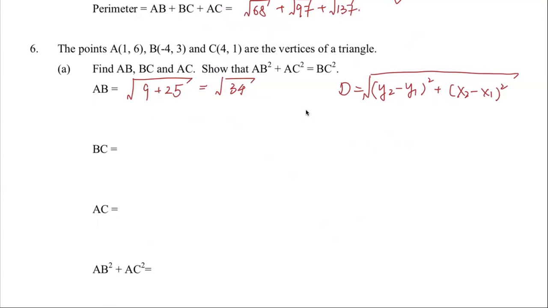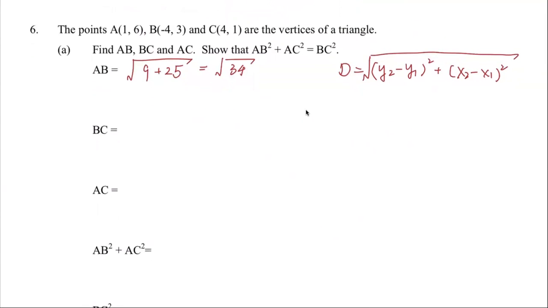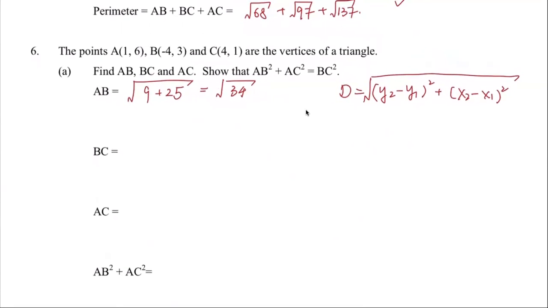Okay. BC, again, I'm not going to write all the steps because I think I've written enough. BC is equal to the square root of 1 minus 3, which is minus 2. Minus 2 squared, that's 4, right?